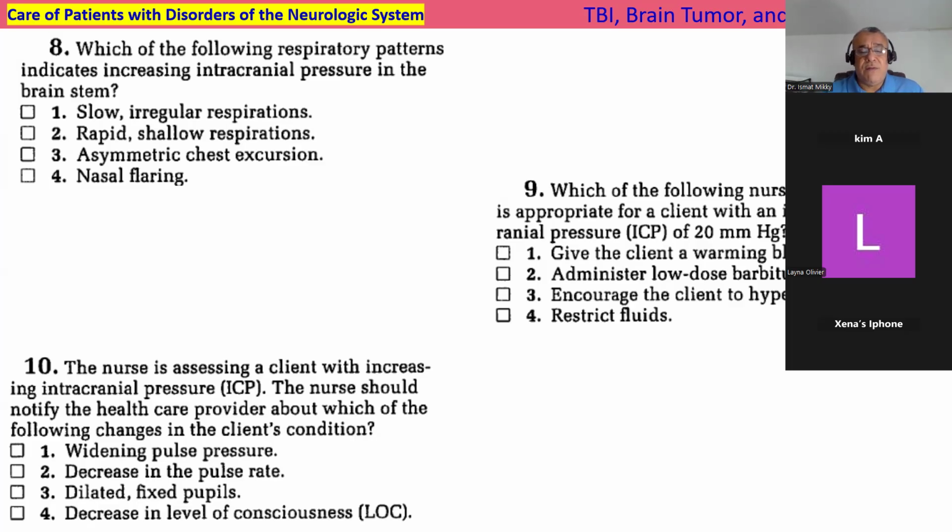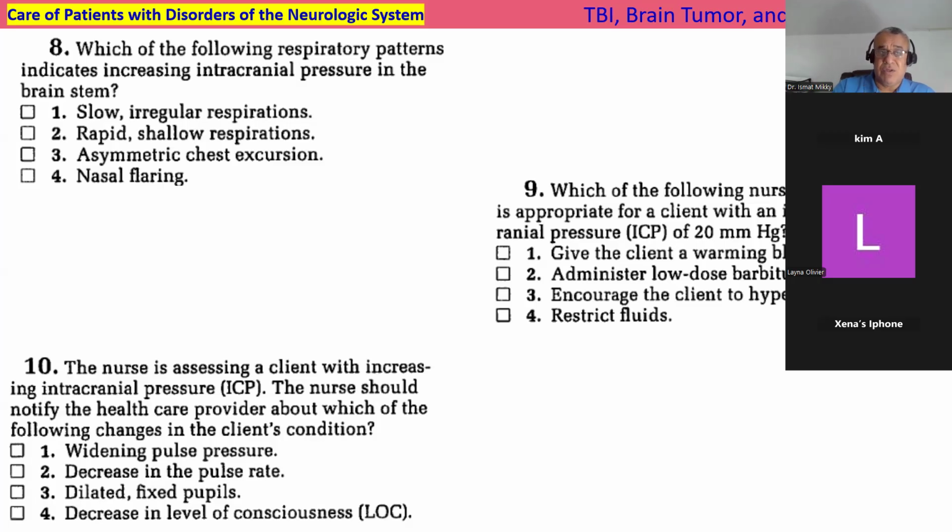Number 9. Which of the following nursing interventions is appropriate for a client with an increased ICP of 20? We said the normal is up to 15, less than 15. Hyperventilation causes vasoconstriction. Hypoventilation results in more CO2 retention, and CO2 is a vasodilator, so hypoventilation will result in vasodilatation.